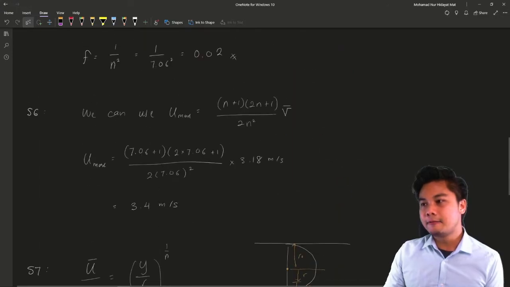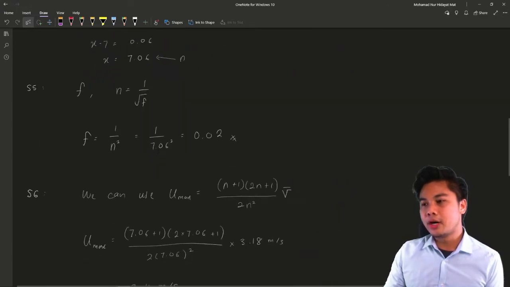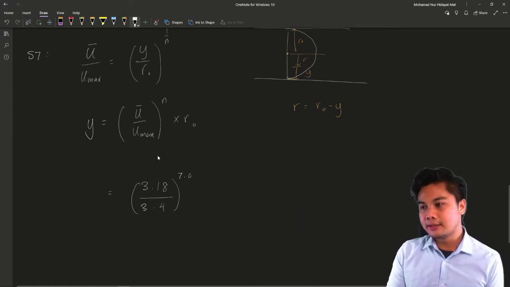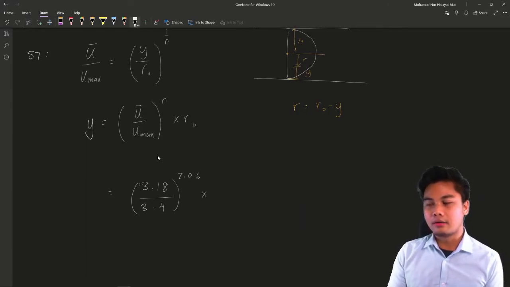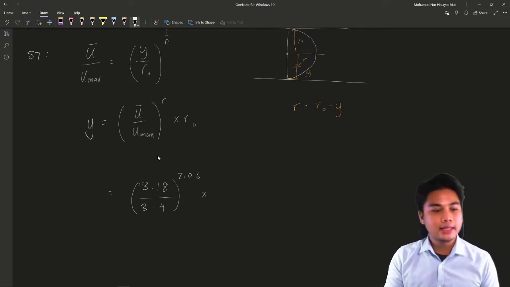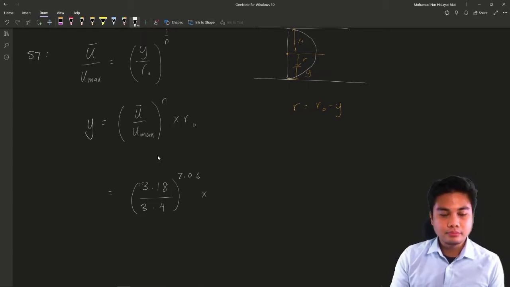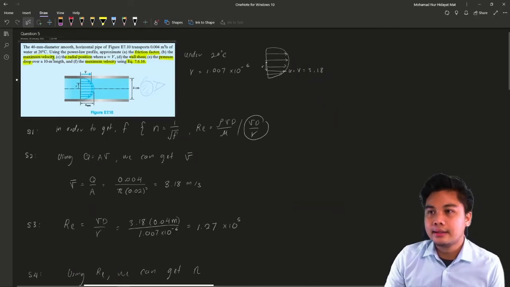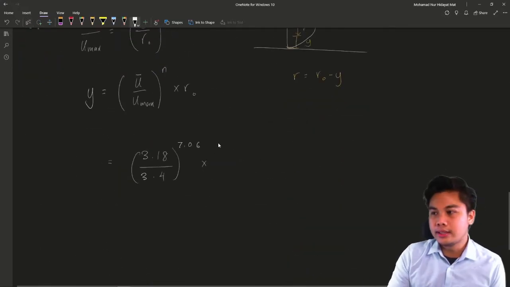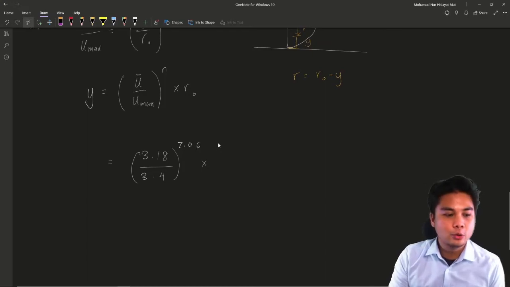Our n here is 7.06, multiplied with r, which in this case is 20 millimeter. You can see it is given that the diameter is 40 millimeter, so we can multiply with 20, or we convert into centimeter.